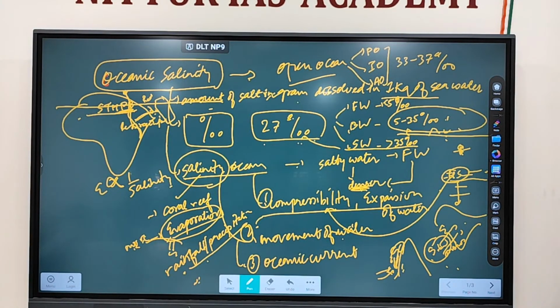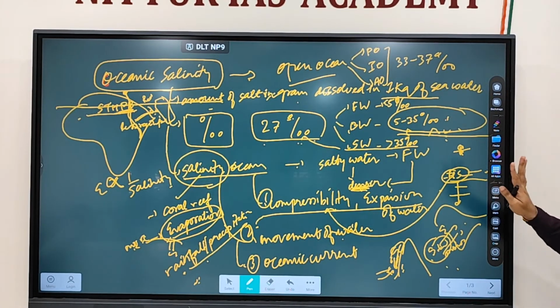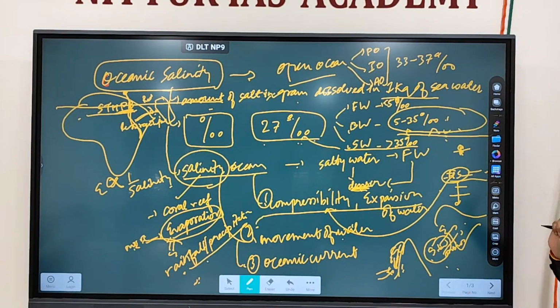The normal variation in an open ocean is 33 to 37. But at places you will find more salinity, at places lesser salinity. This is the general average concentration we are talking about. So on average, salinity varies between 33 to 37. But at places where there is less rainfall or more rainfall, more or less addition of water, salinity is going to vary. Fine.